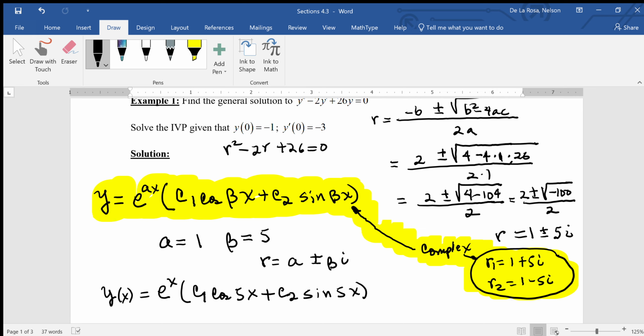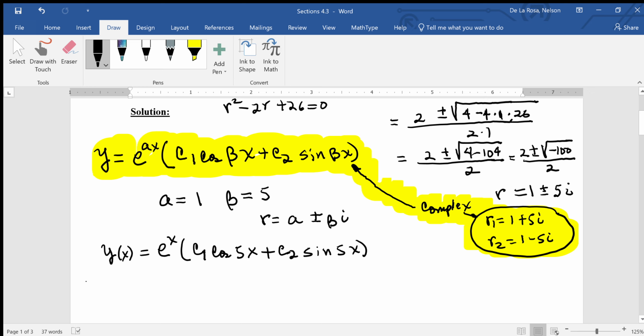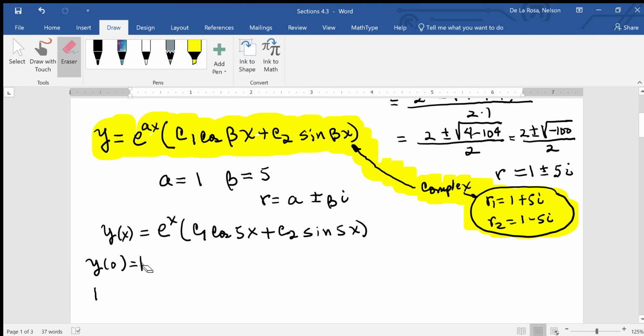So that's the general form of the solution. Now we need to solve the initial value problem that involves two conditions. One condition is y at 0 is -1. So let's fix this. Y at 0 is -1.